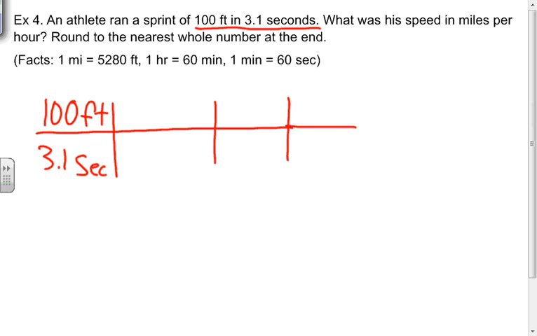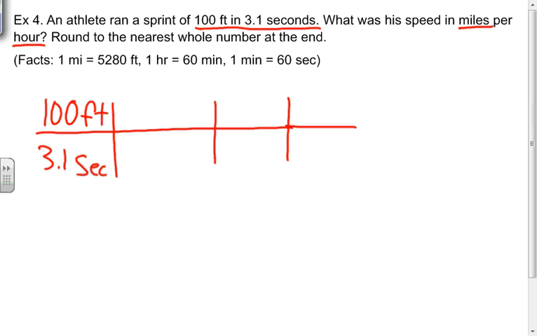Now, we're trying to go from feet to miles, and we're trying to also go from seconds to hours, so we have to make a couple of changes. It doesn't matter which one I do first. Okay? I'm going to change feet first. And so the fact tells me that 1 mile is 5,280 feet.